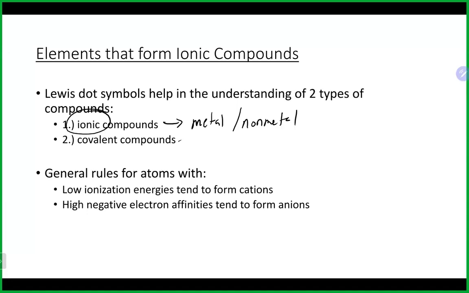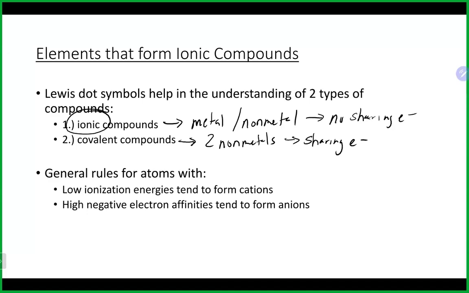When you have a covalent compound or covalent bonding, you see that when you see 2 nonmetals. As soon as you see 2 nonmetals together, what you should know is there's some aspect of sharing happening with electrons. So we have sharing of electrons here and no sharing of electrons there.